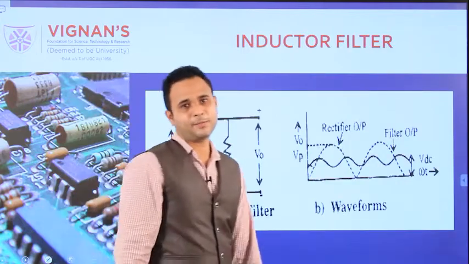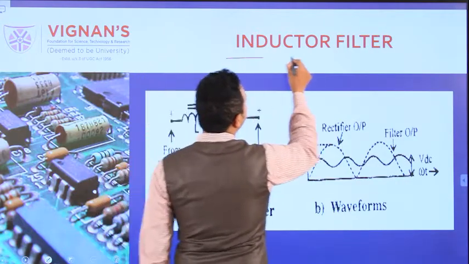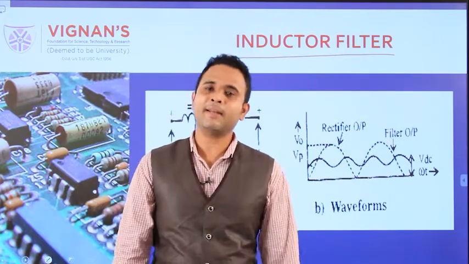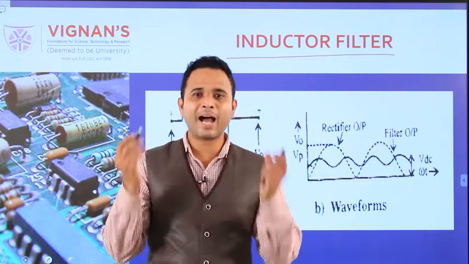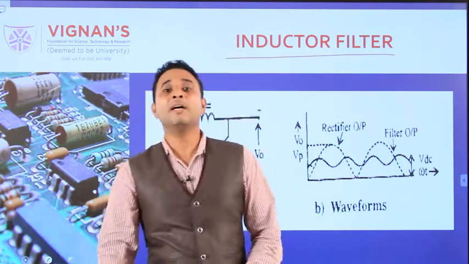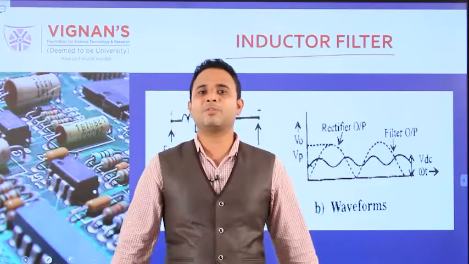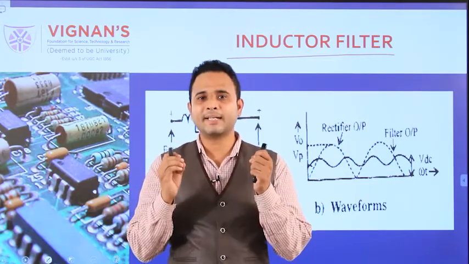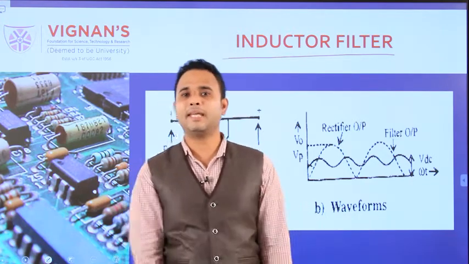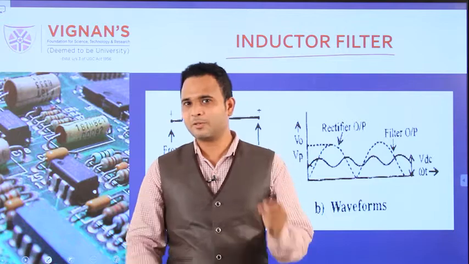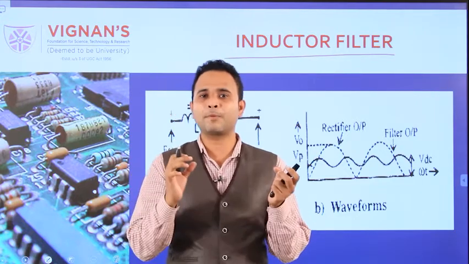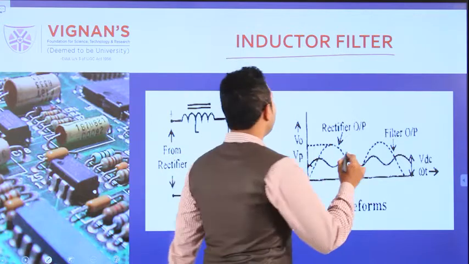Coming to the first filter, the series inductor filter. Why do we have to connect the inductor in series? The basic operation of an inductor is that it allows the DC and stops the AC. Remember it.